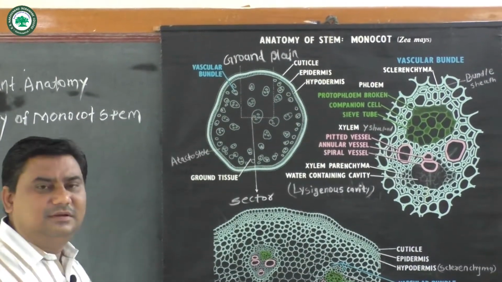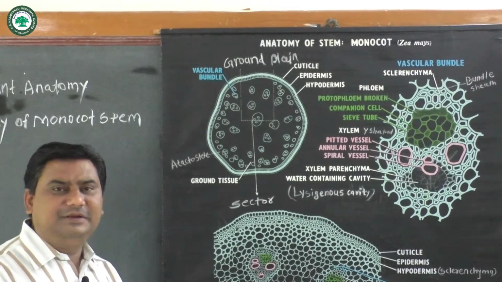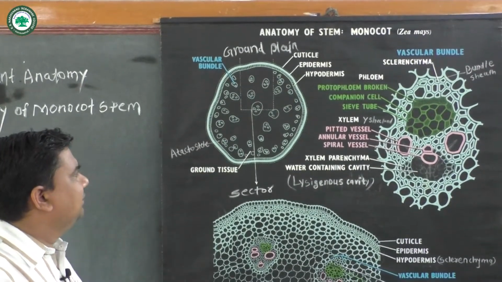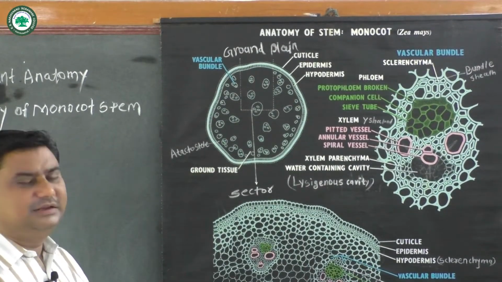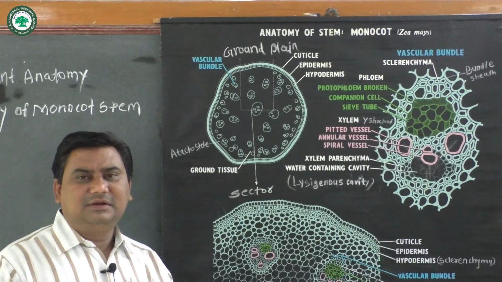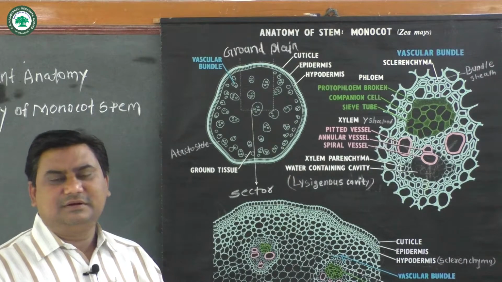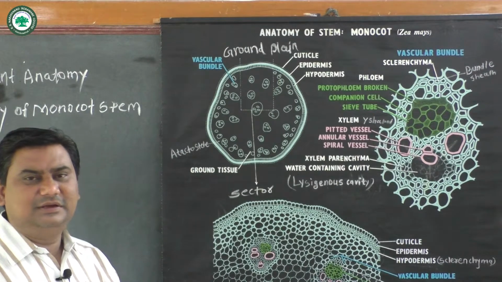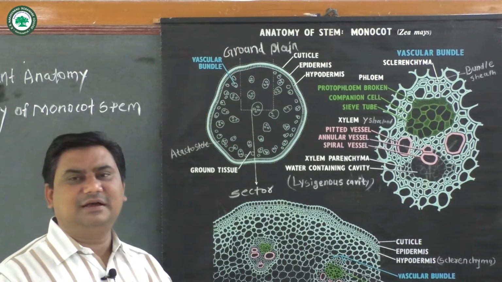Okay friends, this sector view consists of the epidermis, then hypodermis, and next to the hypodermis there is the ground tissue. In the dicot stem there is the epidermis, hypodermis, endodermis, and pericycle.